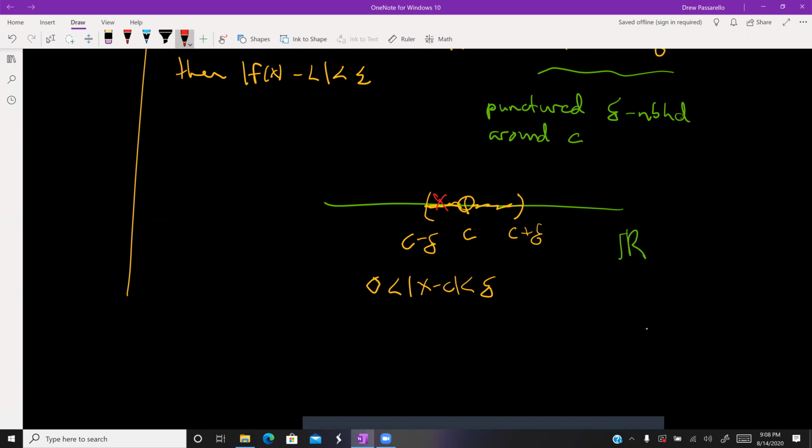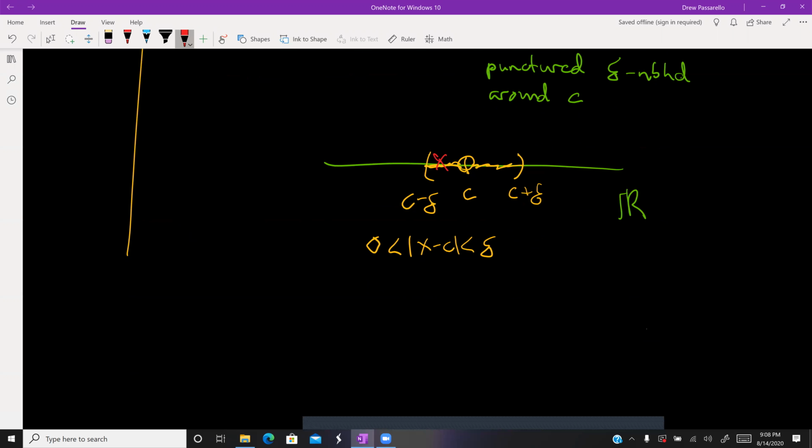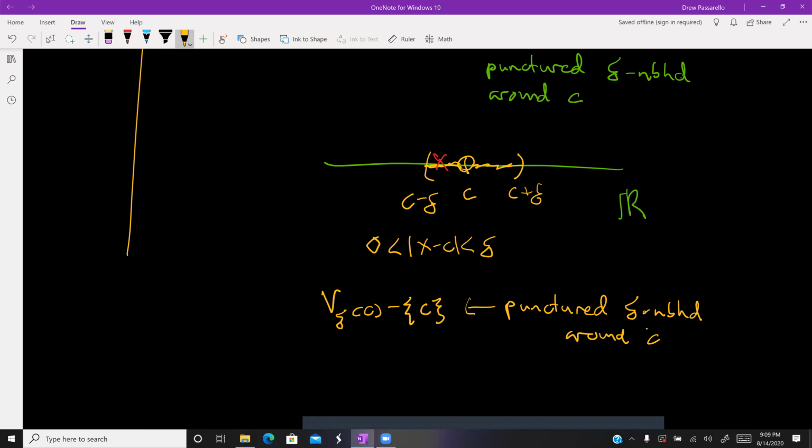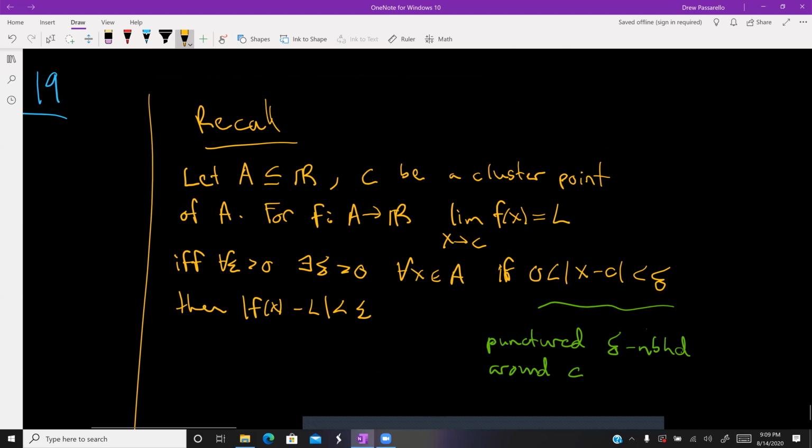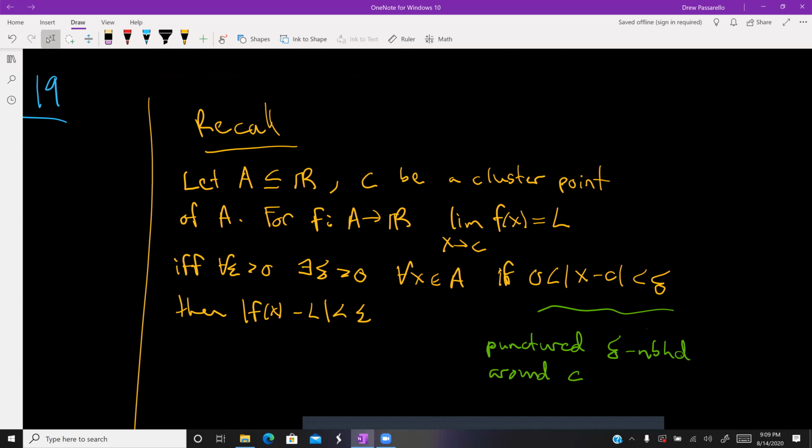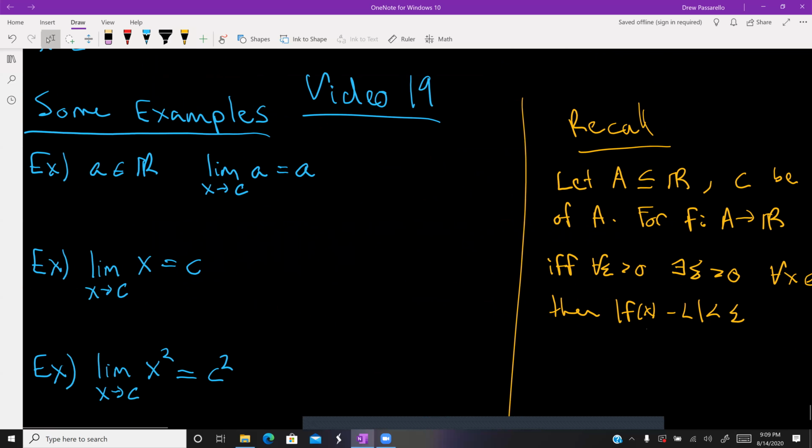That's the same as saying the delta neighborhood around c, subtract out c. That's what I call the punctured neighborhood. All right, so that is the definition of a limit, and now we're going to apply this to these problems.